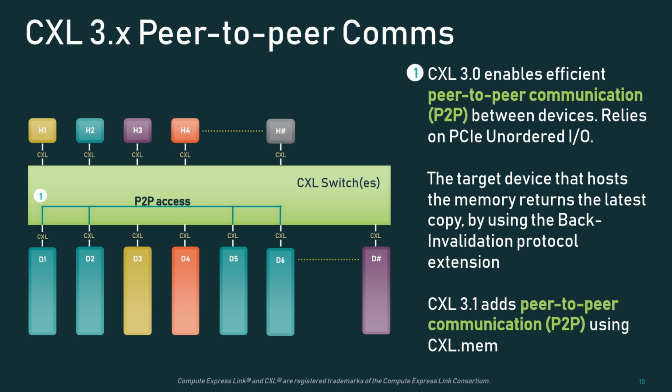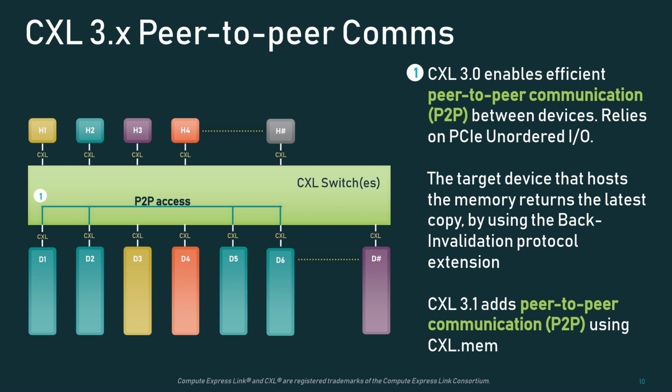So the device needs to get the latest copy from the host or CPU, and that was enabled by what is called the back invalidation protocol extension that was added in 3.0. That allows the device to get the latest copy and return the latest data to the requesting device, therefore making sure there is cache coherency. That was a major benefit that 3.0 brought in.